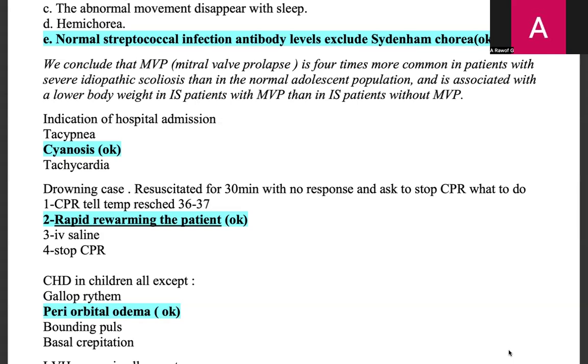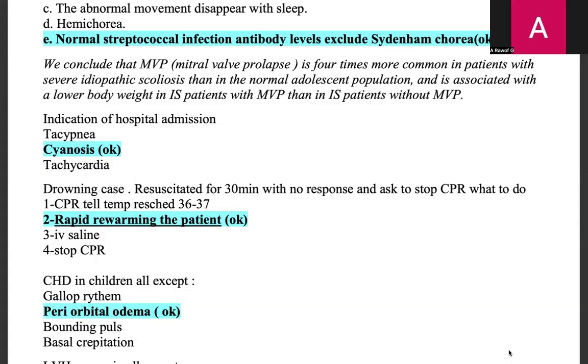So we'll repeat the 3 questions from this other book. The indication for hospital admission will be cyanosis.